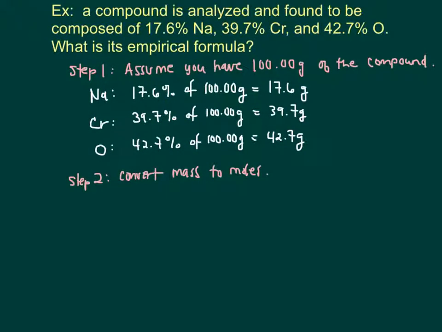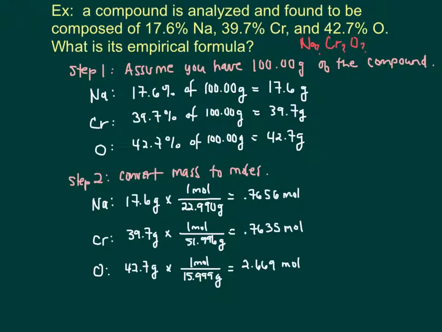So we know our compound is going to contain sodium in some amount, chromium in some amount, and oxygen in some amount. And I hope you know that these subscripts that go into our chemical formula are actually mole ratios, not mass ratios. So the next thing we need to do is convert these from mass into moles.